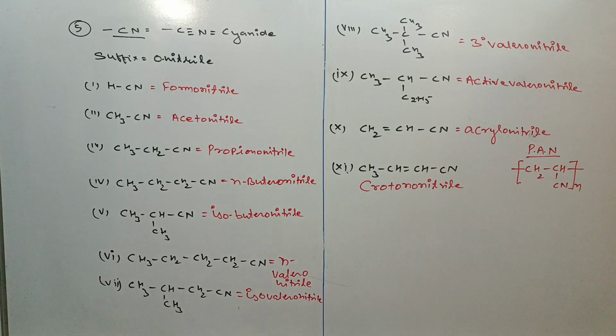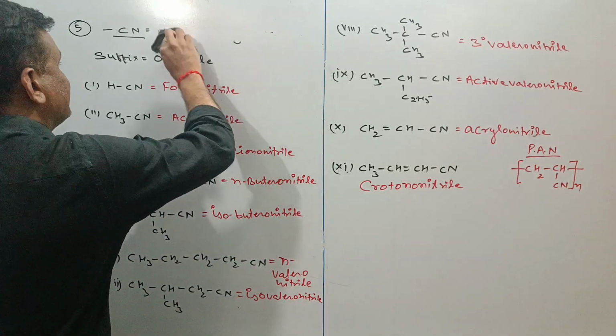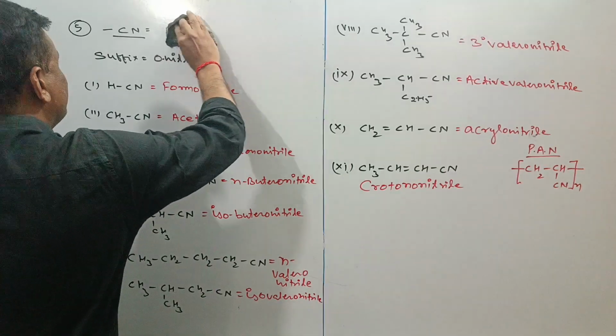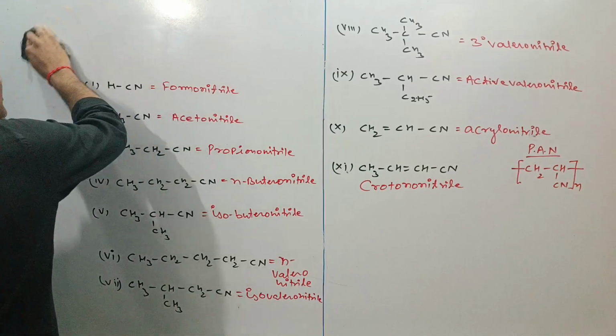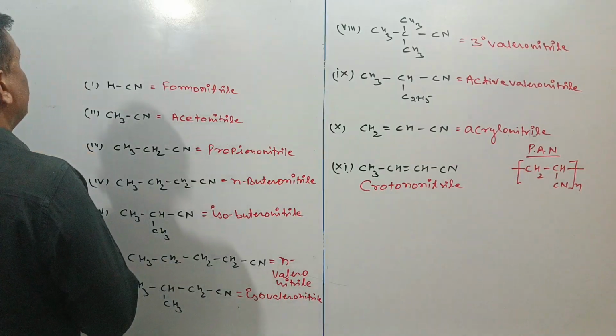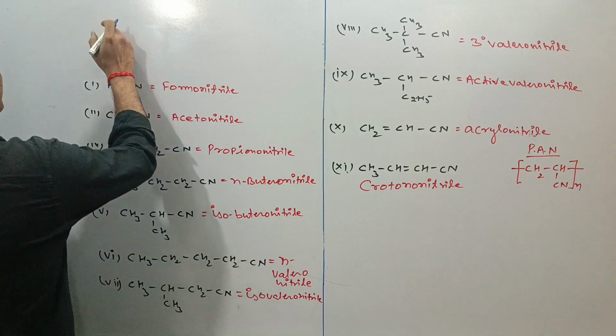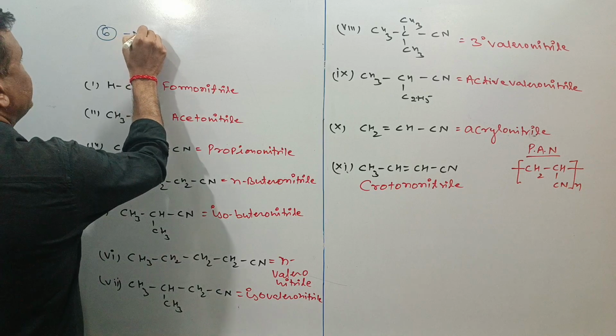Now it's time to discuss the next functional group. What is that? That is the sixth functional group known as isonitrile. Here we'll use the sixth functional group as NC.